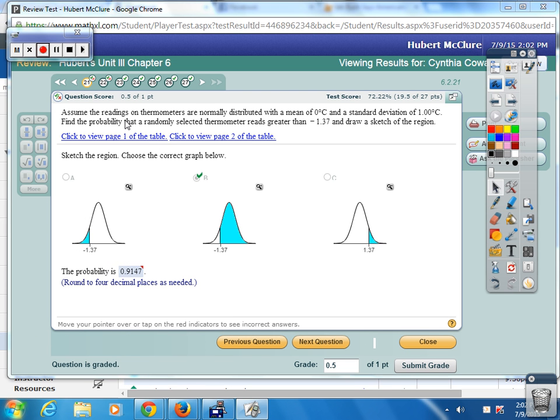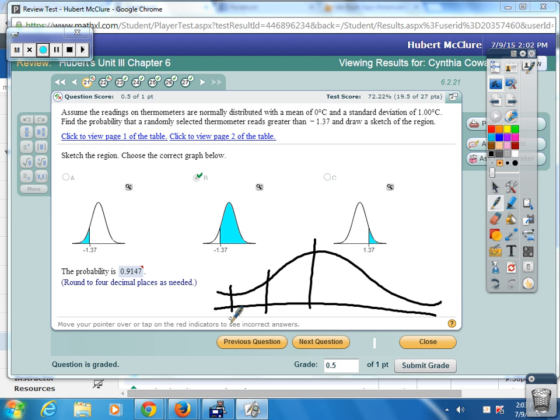All right. Assume that readings of thermometers are normally distributed. Find the probability that the thermometer reads greater than negative 1.37. And they want to know negative 1.37.